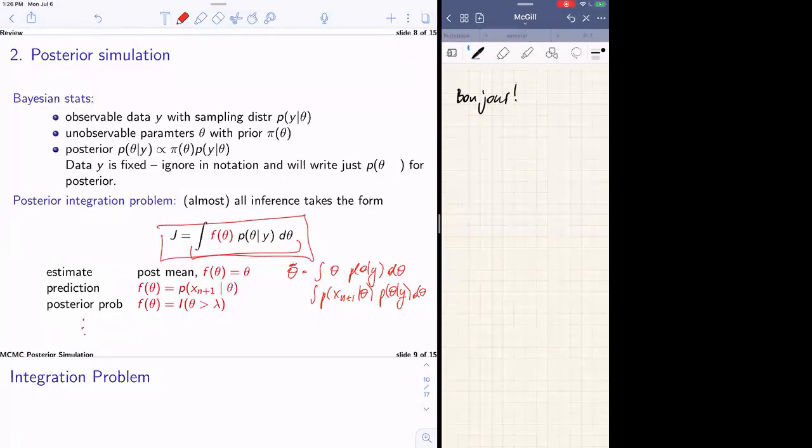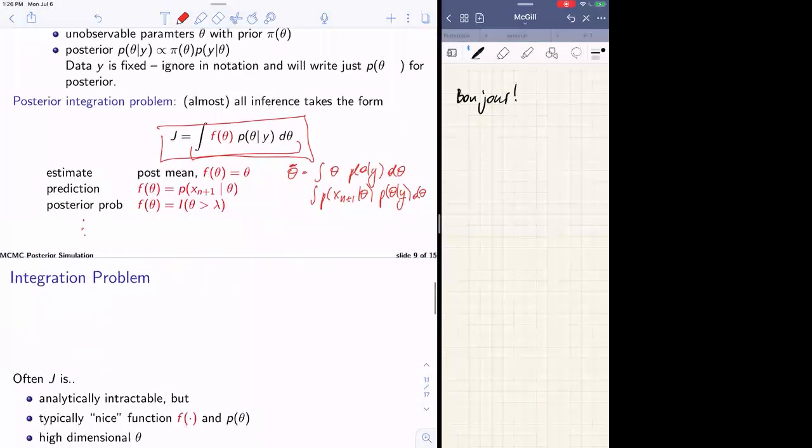So now the problem of implementing Bayesian inference has become a problem of evaluating integrals of the red thing with respect to the posterior. And the problem is that that integral will rarely be of a form that you can solve analytically. So we'll need some numerical or simulation-based methods.